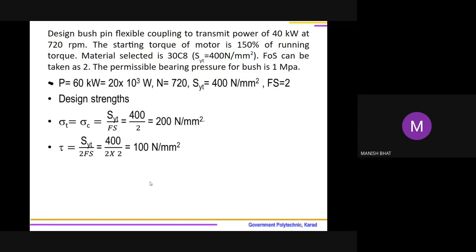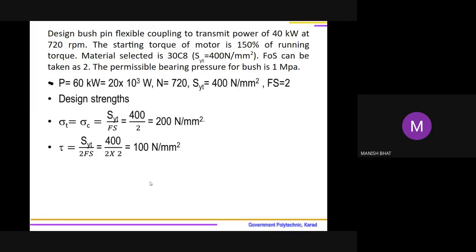Material selected for all, that means flange, key, pins along with shaft, is 30C8, where SYT is equal to 400 Newton per mm square. Factor of safety can be taken as 2, and permissible bearing pressure for bush material is 1 MPa. So I have this data.